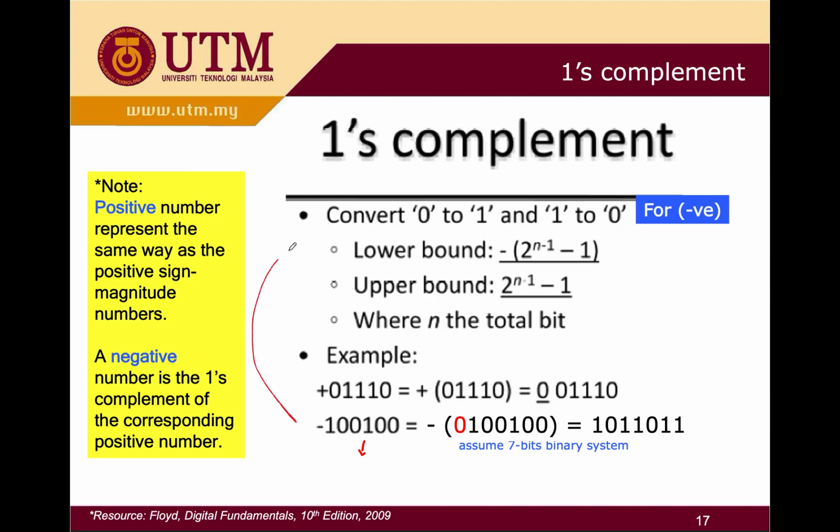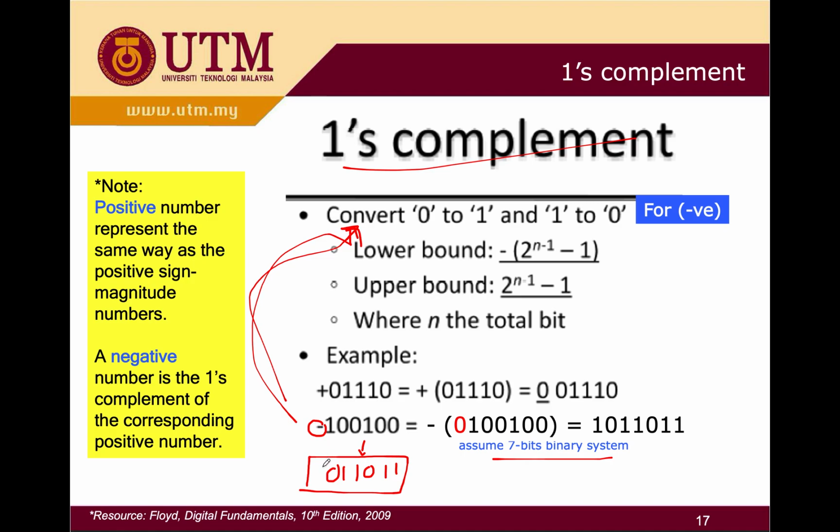You apply this one, you get 1 1 0 1 1 0. So this is the answer if you just directly convert using this for your first complement, assigning it as a negative number.